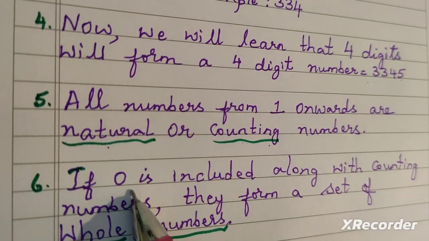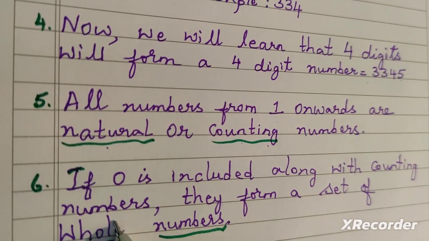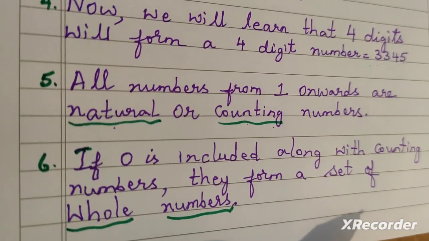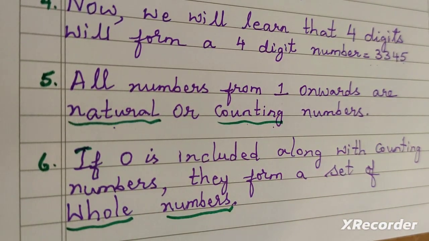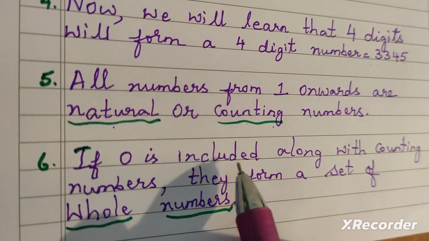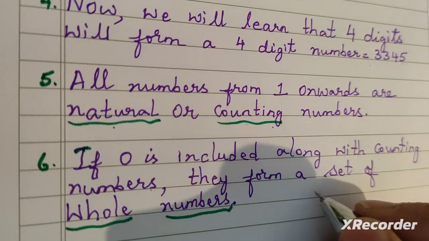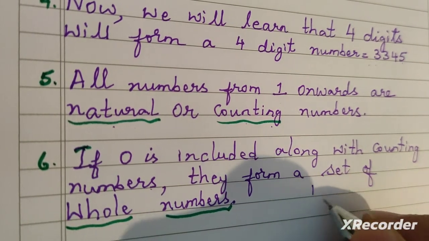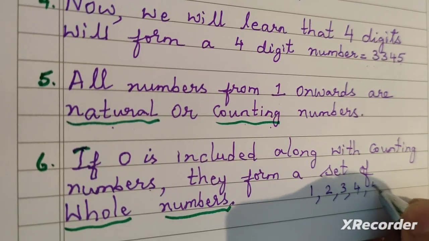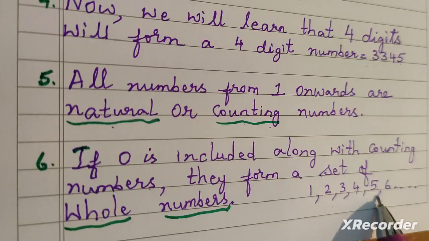If 0 is included along with counting numbers, they form a set of whole numbers. Which are the counting numbers? I'll give an example. 1, 2, 3, 4, 5, 6 and so on. These are the counting numbers.